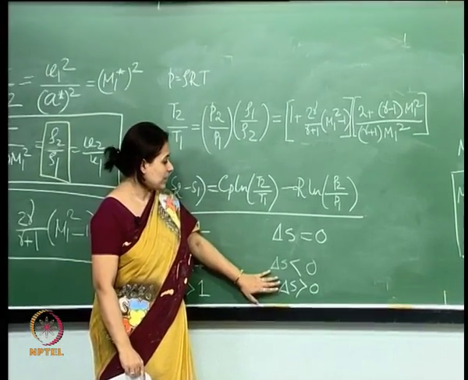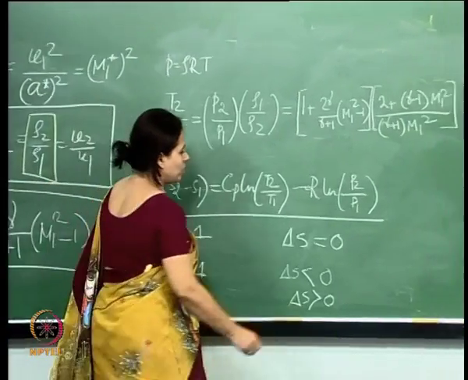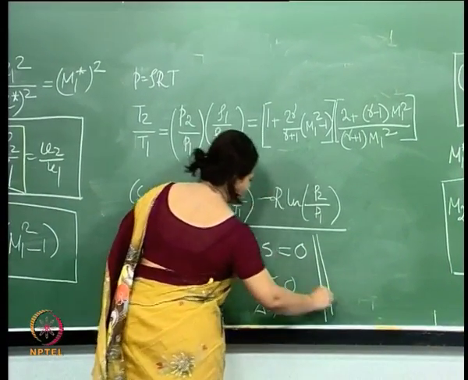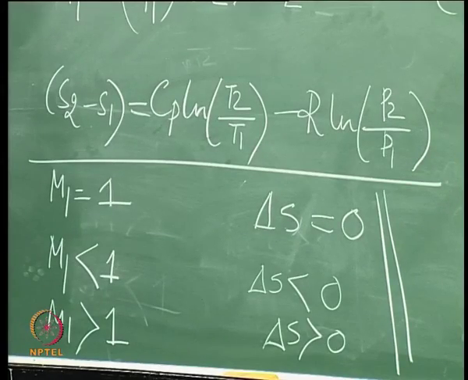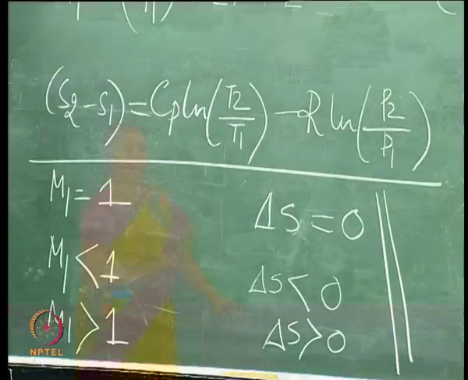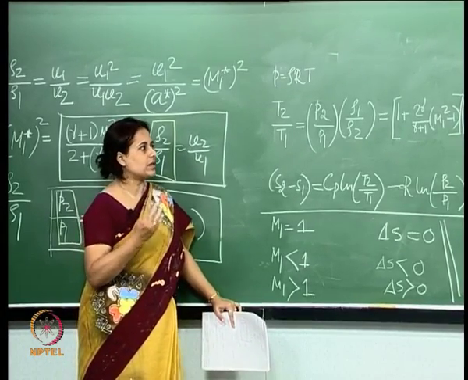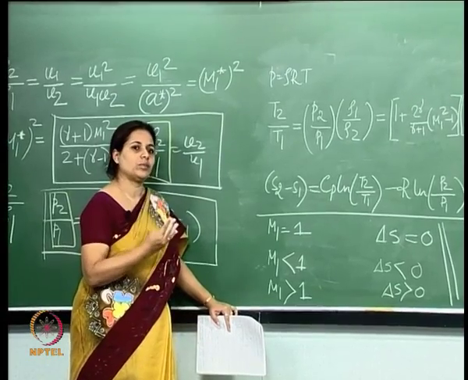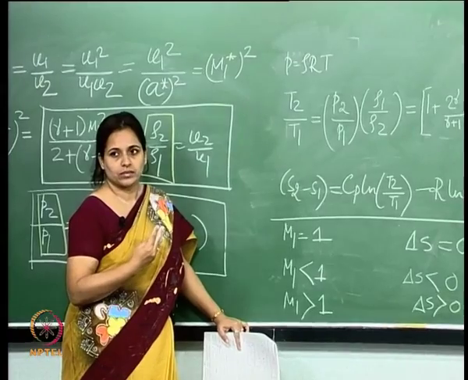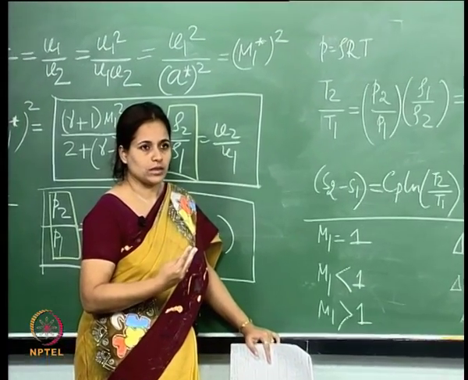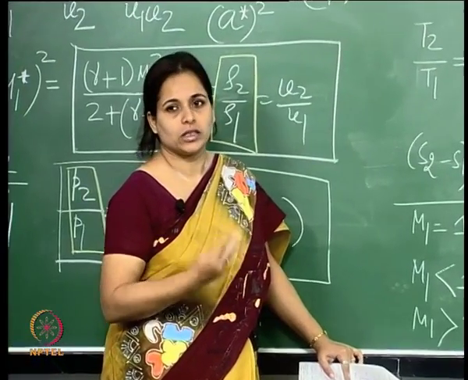Okay. Now, if that happens, what do you infer from here? What is your assumption? In all the discussions that we have done so far, when we also introduced the characteristic Mach number, we said the changes in all the properties in the flow field are happening adiabatically, which means that this is a physical process in which the entropy cannot decrease.